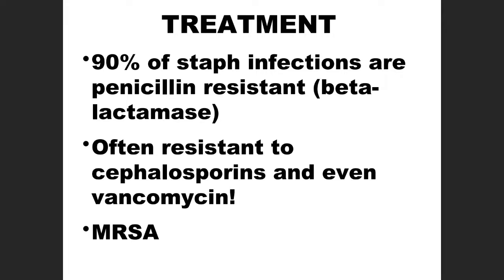Now, with a lot of these infections caused by Staph aureus, 30, 40, 50, 60 years ago, penicillin would have been the drug of choice to treat it. However, about 90% of all Staph aureus strains have developed resistance against it. So it's very unlikely that penicillin would work on a staph infection today.